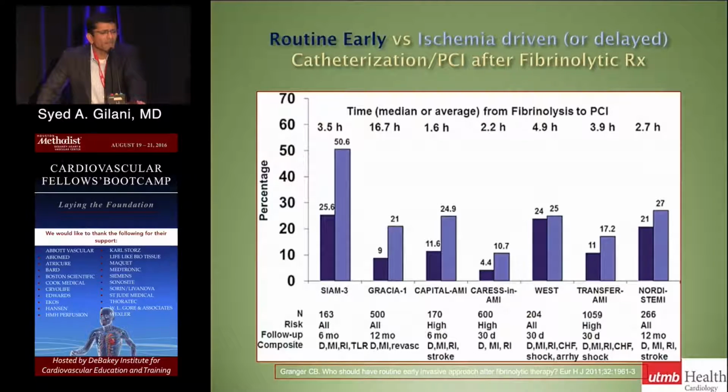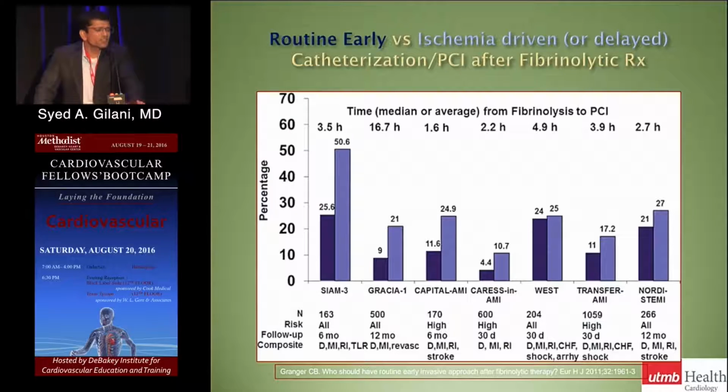And should we send all patients who have received fibrinolytic therapy for early revascularization versus ischemia-driven revascularization? As you can see, these trials that have looked at angiography and PCI of the infarct vessel after fibrinolytic therapy show a lower rate of primary outcomes in patients who received angiography within 24 hours.